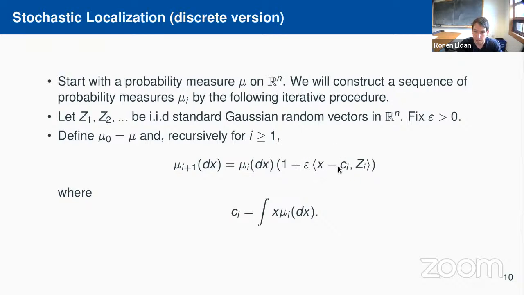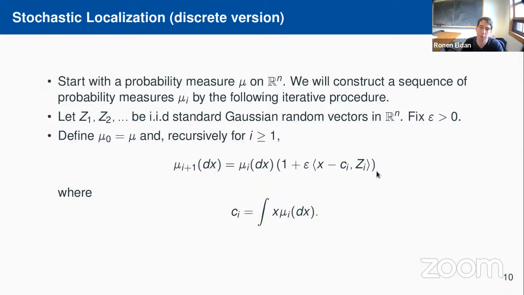And this affine coefficient is the center of mass of the measure. So this thing we're multiplying by is a linear function which is equal to 1 at the center of mass. This is the unique way to ensure that multiplying by this factor does not change basically the mass of the entire measure.